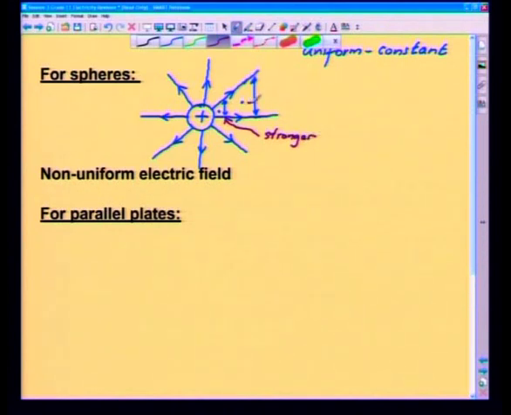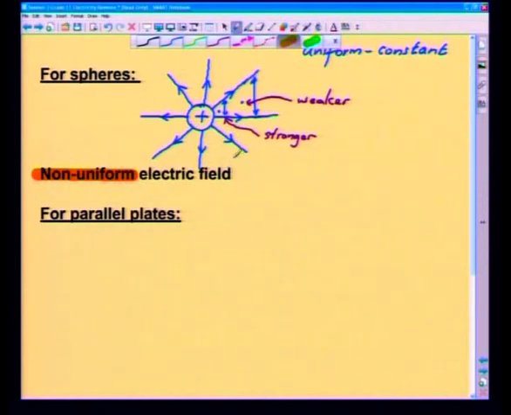But at this point here, the field is weaker. So in this way, since the field is not the same at any point around the charge, we say that here we have a non-uniform electric field. So the electric field for spheres is non-uniform.